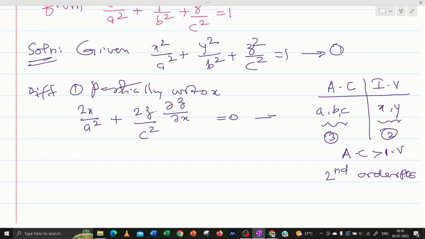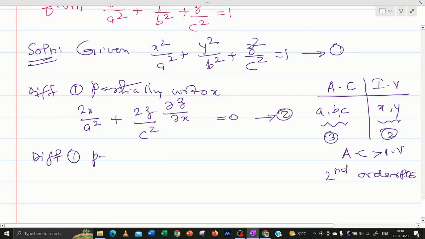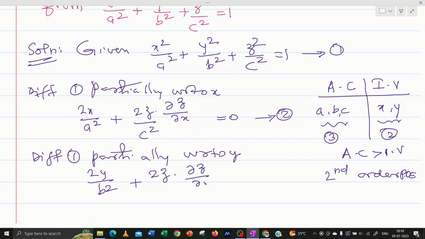That is equation number 2. In case you differentiate 1 partially with respect to y, you will get 2y by b square plus 2z dou z by dou y by c square equal to 0. This is equation number 3.